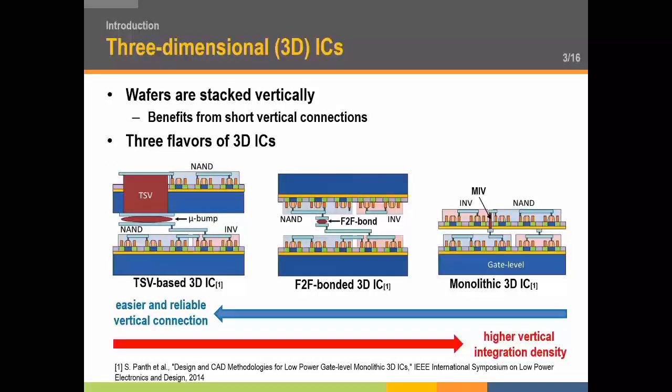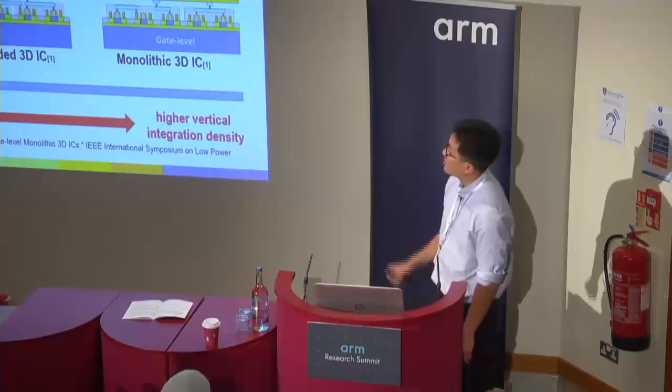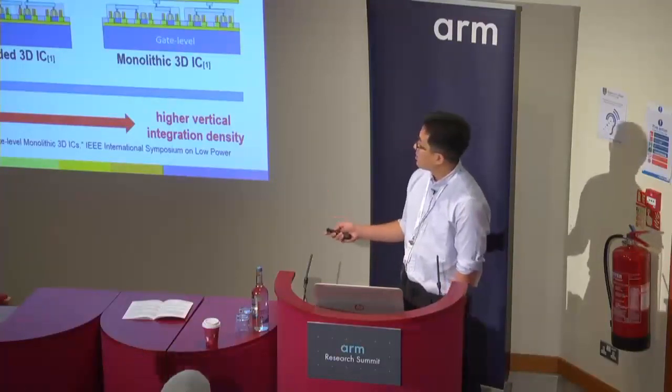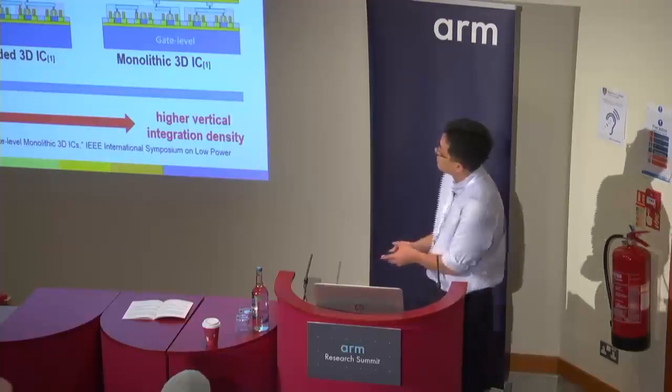In three-dimensional ICs, wafers are stacked vertically, which makes the 3D IC benefit from short vertical connections instead of using long wires in 2D space. Depending on the size of 3D connections and the wafer stacking direction, we can categorize 3D IC into 3 flavors: TSV-based 3D IC, face-to-face bonded 3D IC, and monolithic 3D IC.